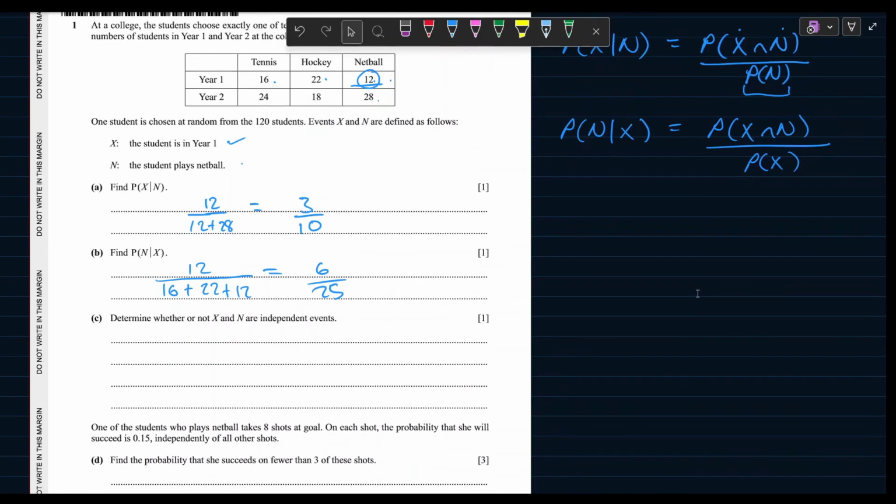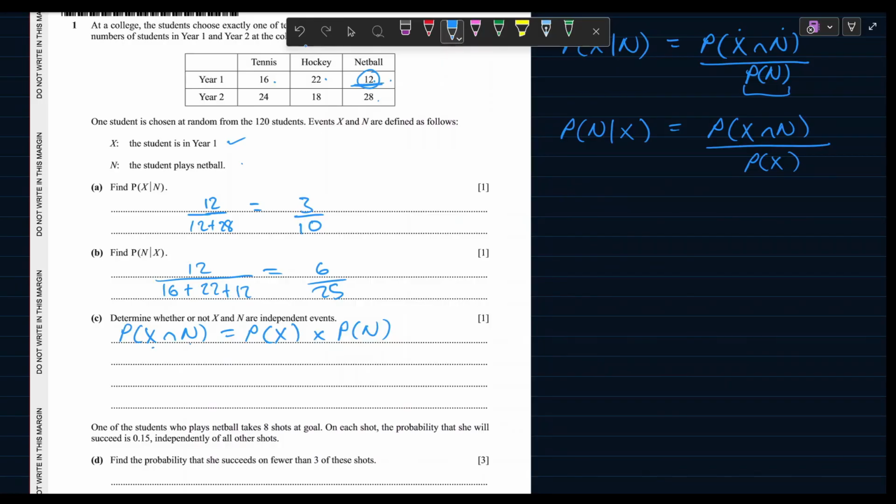And then part C says determine whether or not X and N are independent events. If X and N are independent, then the probability of X intersection N will be equal to the probability of X times the probability of N. What is the probability of X intersection N? That's the student is in year 1 and plays netball.